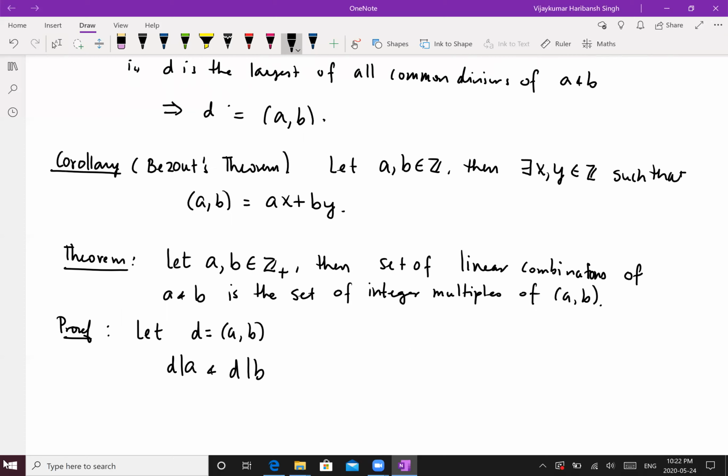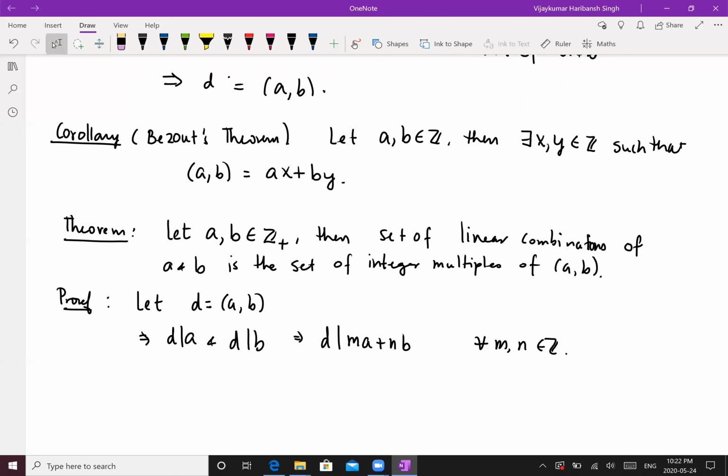Because D is the GCD of A and B. So this means D divides MA plus NB for all M and N belonging to Z. This would imply dk equals MA plus NB for some k.